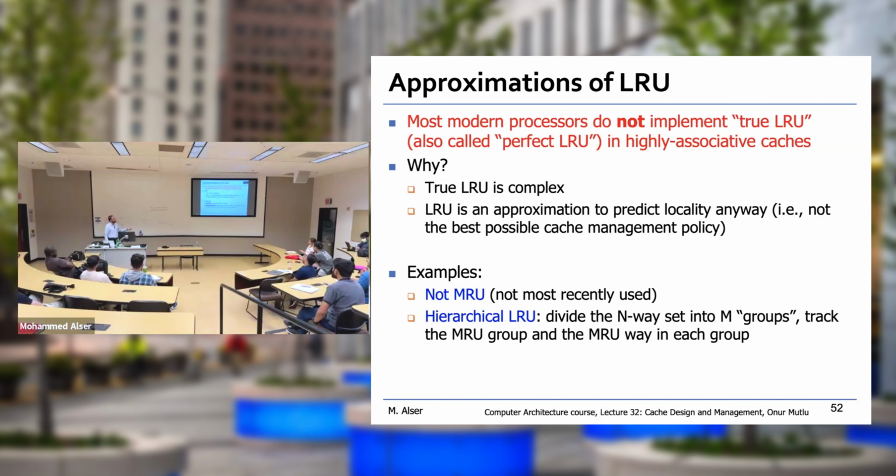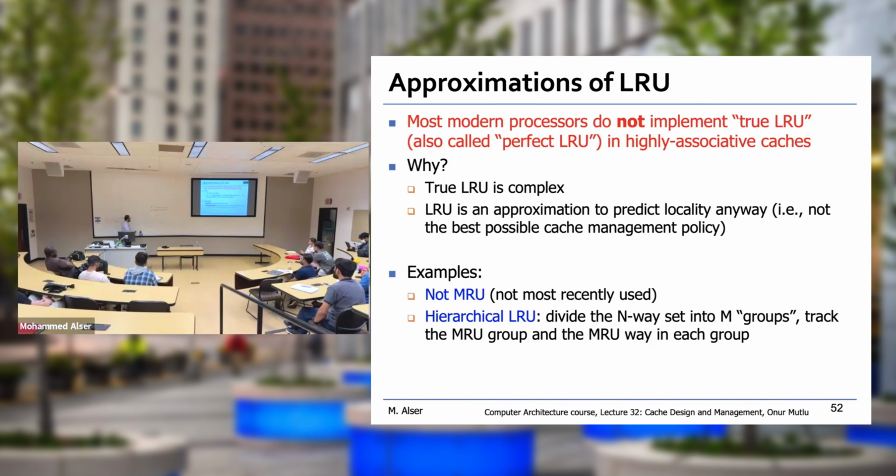The hierarchical LRU, instead of considering the whole space as one candidate to be replaced, you could go with half of it on something, the other half on something else. In this case, you can reduce the number of bits. You can define it as subgroups, one group doing something, the other group doing something else. Then you target one of those groups within the set to be always a candidate for replacement.